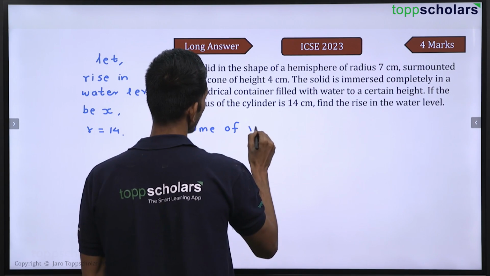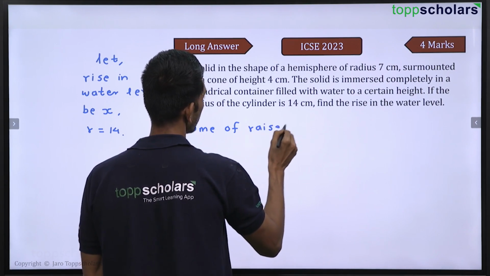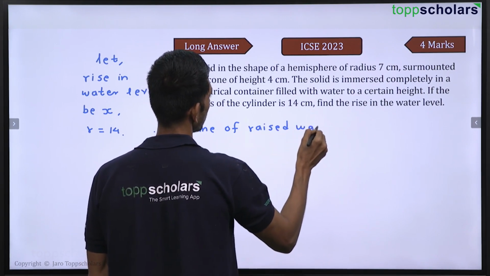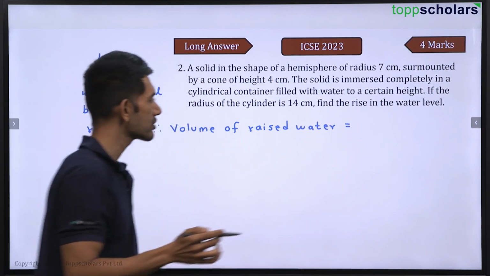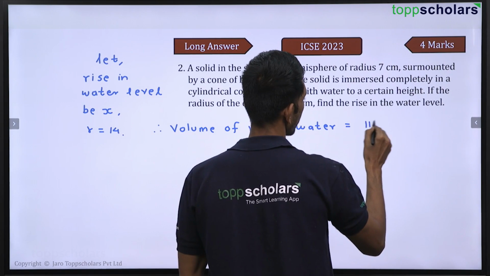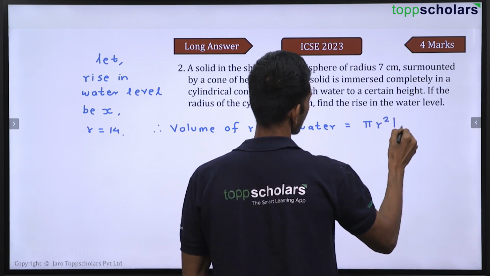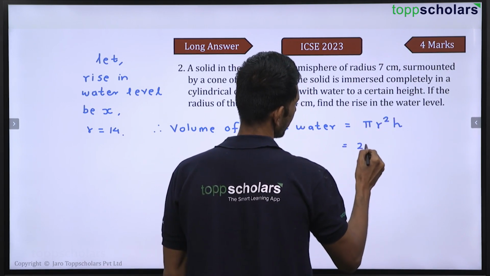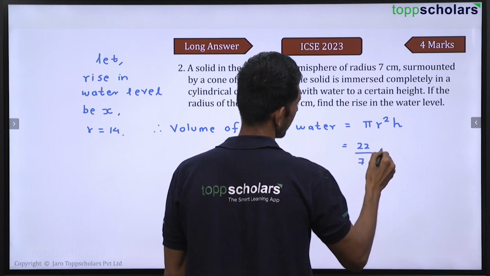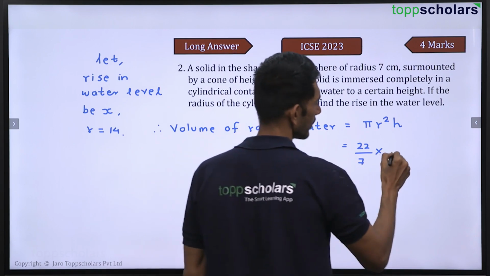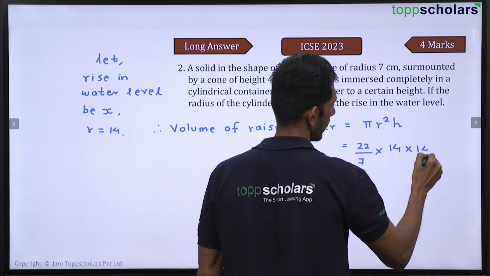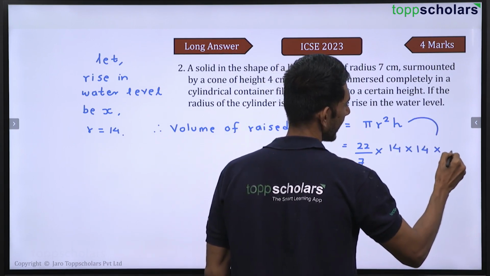Volume of the raised water, which is in the form of a cylinder, is pi r square h, that is equal to 22 by 7 into r square, that is 14 into 14, and we have considered the height as x.